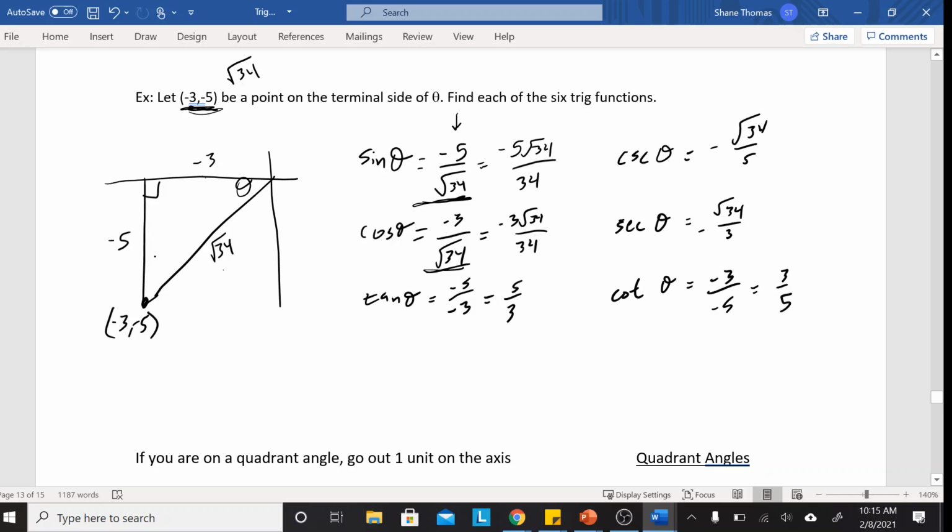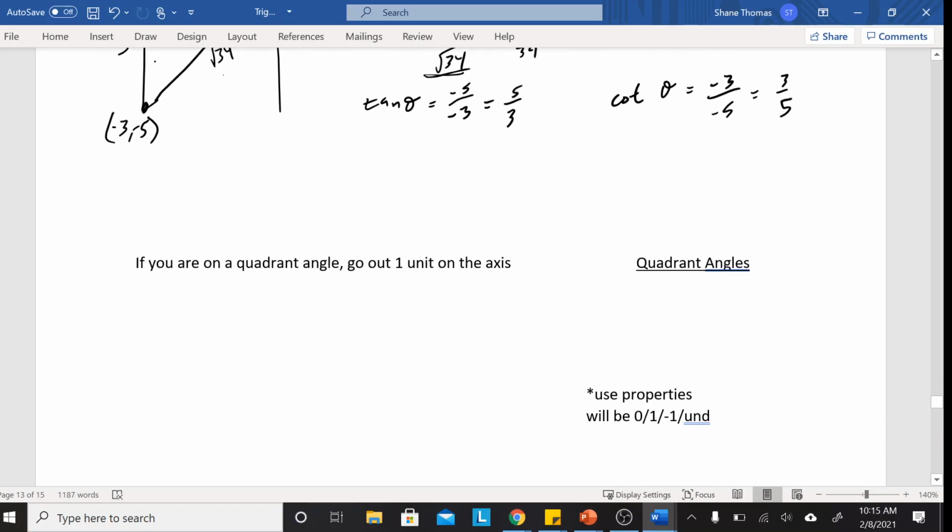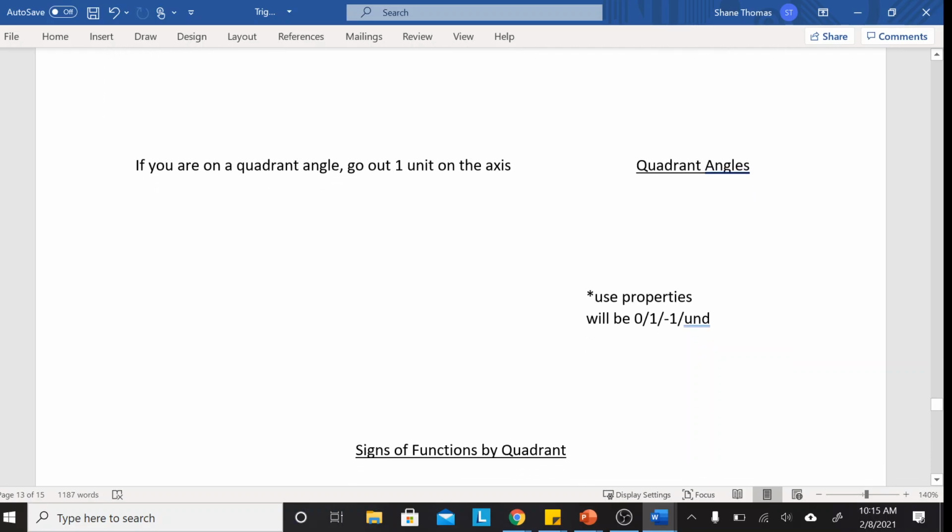Okay, good. All right, so then let's just look at the next part, where we have our quadrant angles. Okay, first off, what is a quadrant angle? A quadrant angle is what you have if something falls on one of the axes.